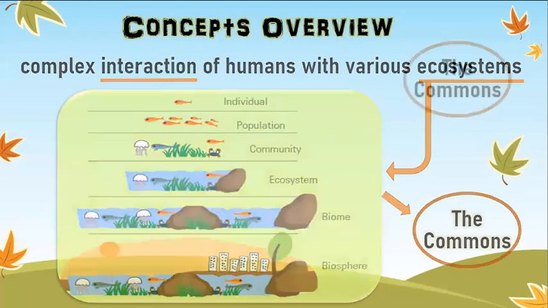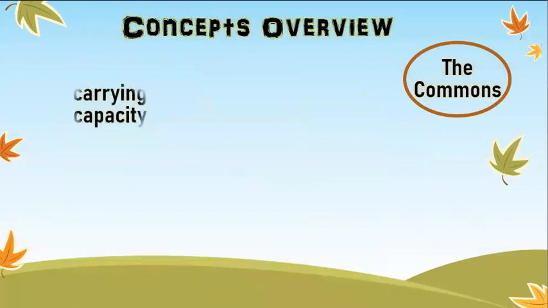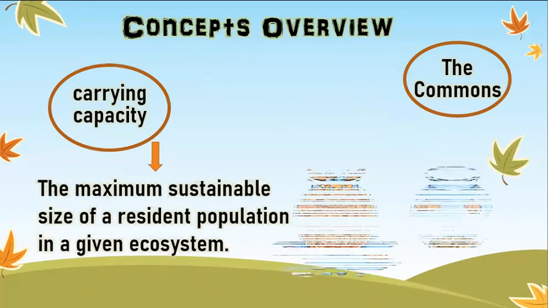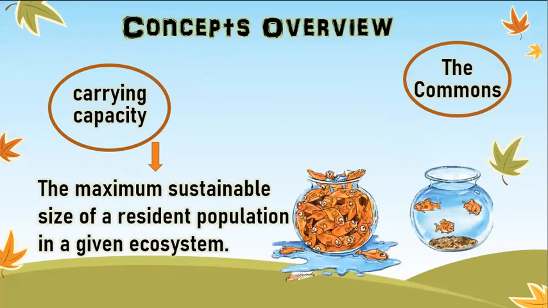A partner key concept of the commons is the concept of carrying capacity, which refers to the maximum sustainable size of a resident population in a given ecosystem. In an environmental context, the carrying capacity of different environments depends on the commons to the degree that the commons are necessary for sustaining life.